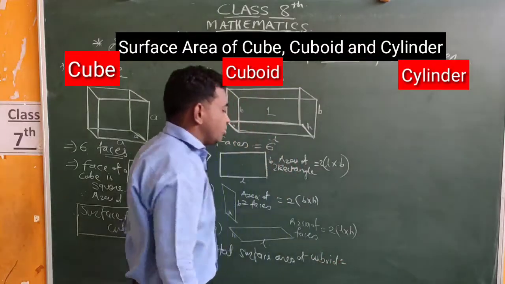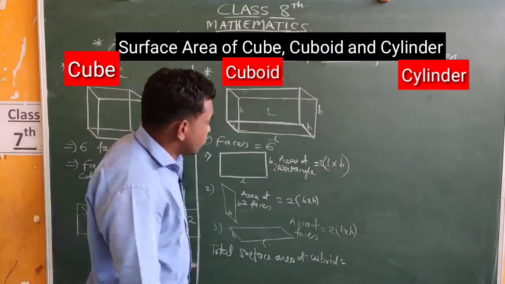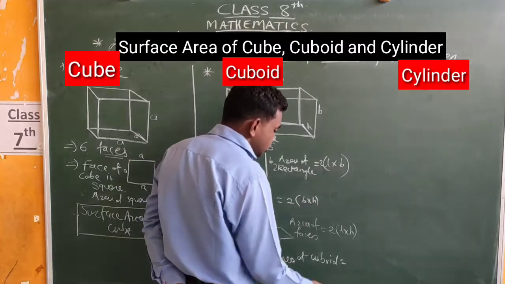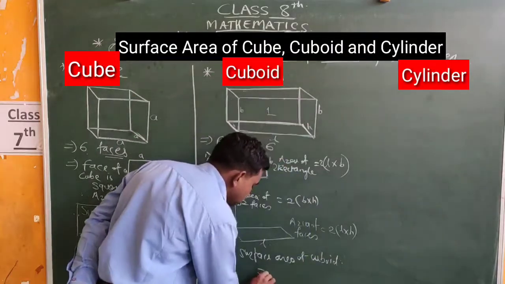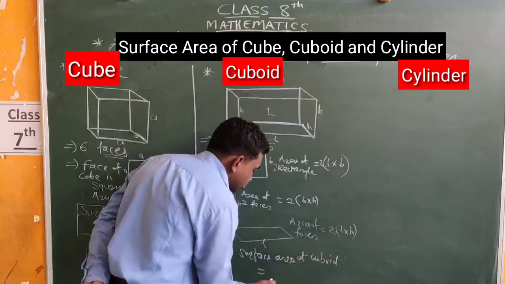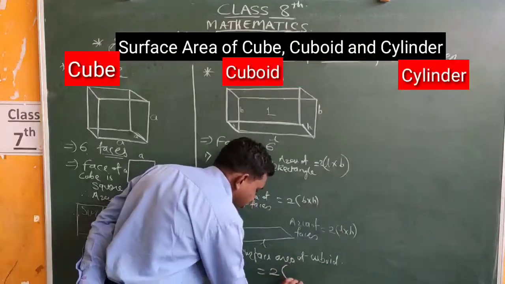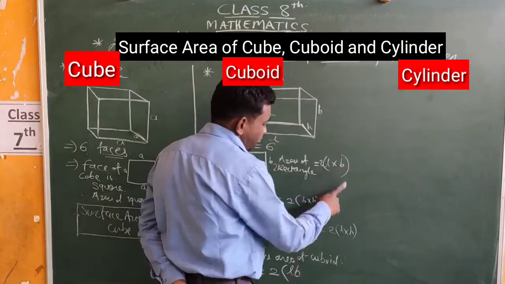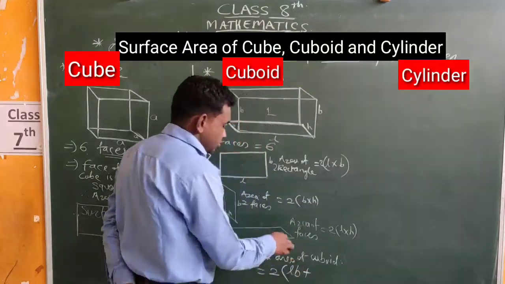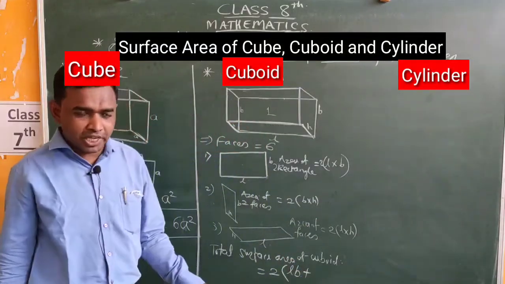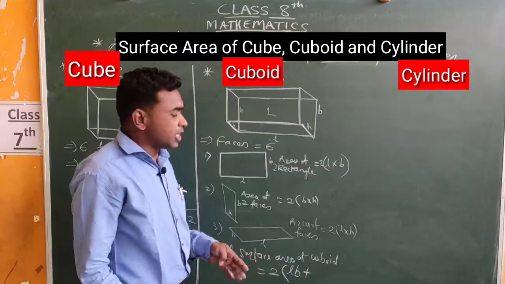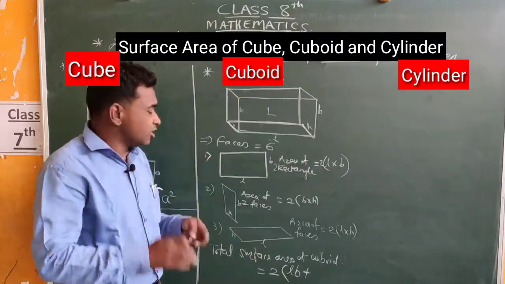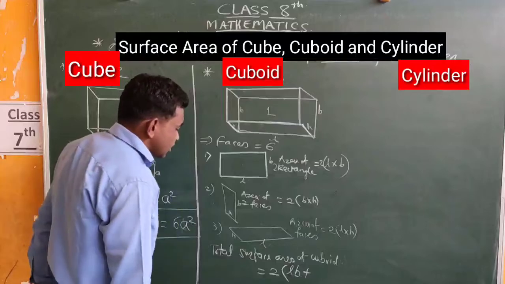Total surface area of the cuboid means what happened? This is the 2, this 2, this 2. Then we write 2 as a common factor, and the formulation is L into B, LB, plus, because we have to find out the total surface area. To find the total surface area, we have to add all three surface areas.